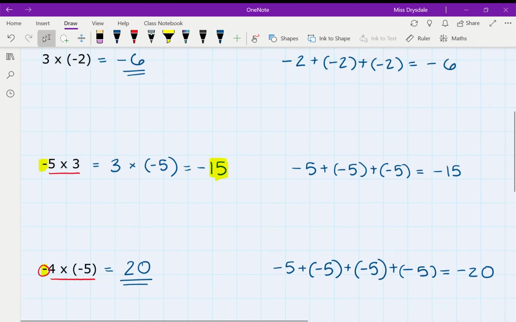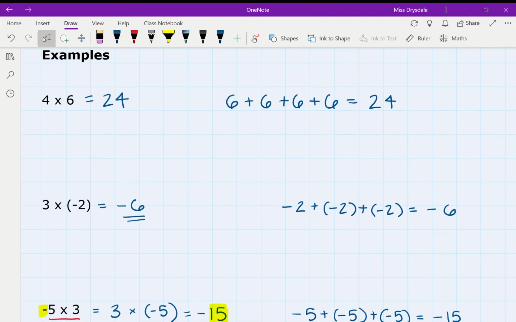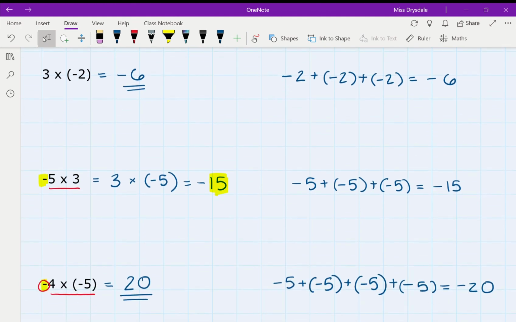Right, let us flip back from the start. Our first example, we have a positive number times a positive number, which gives us a positive answer. Our second example, we have a positive number times a negative number, which gives us a negative.